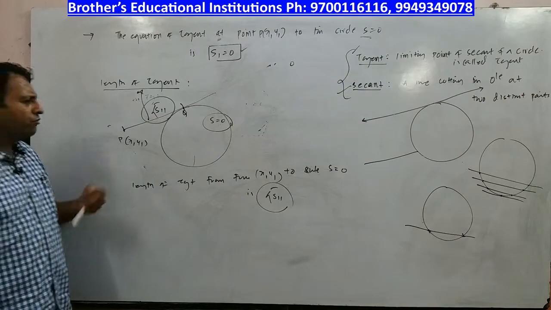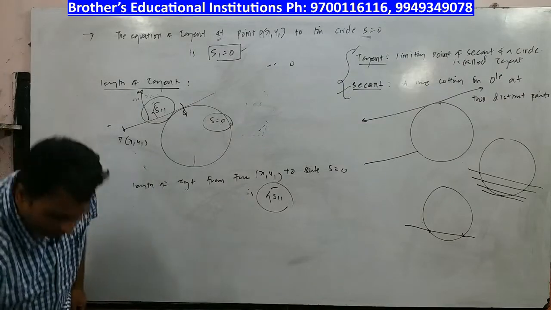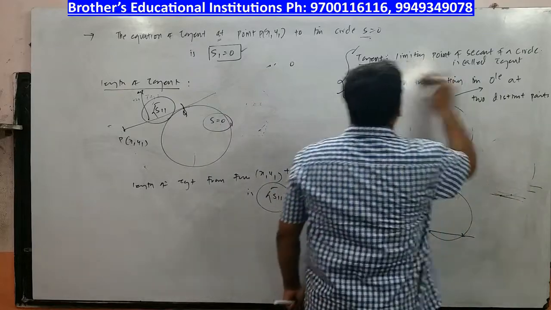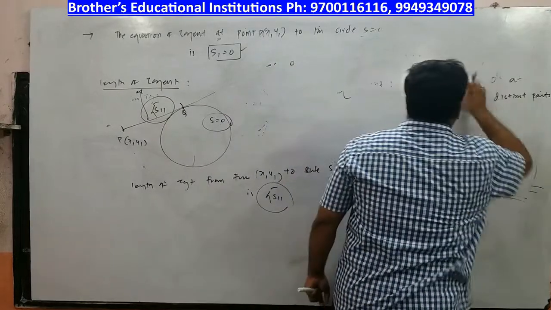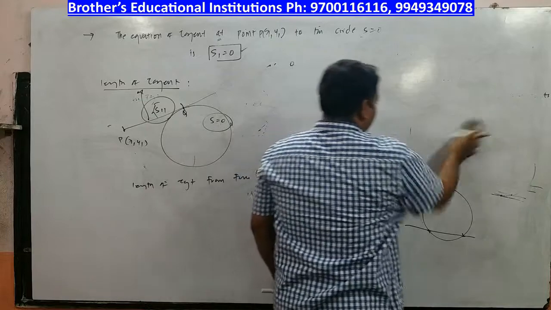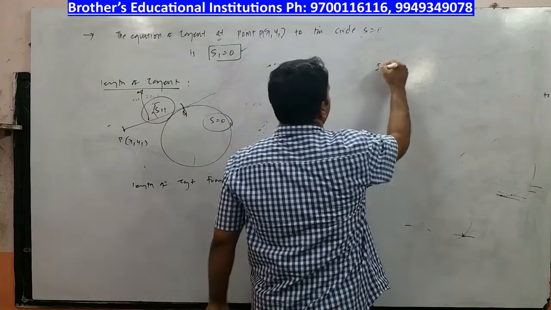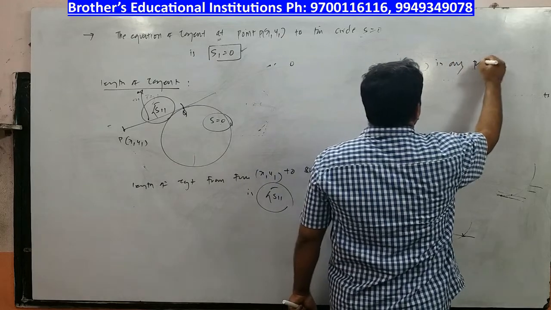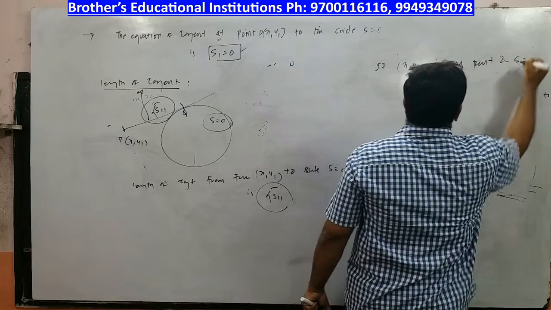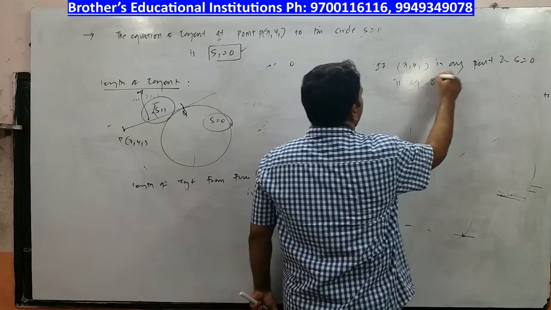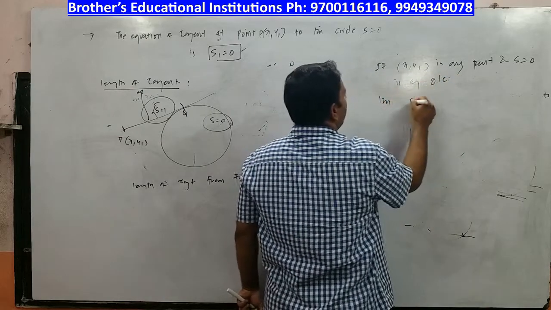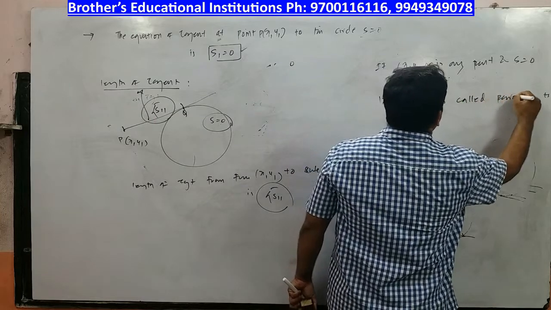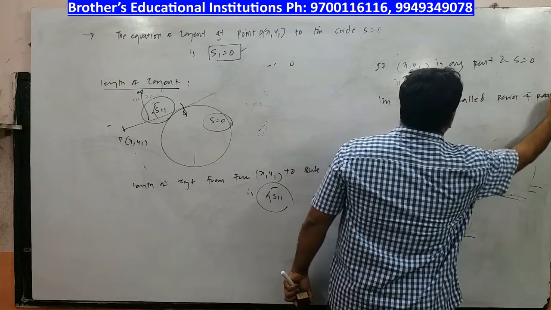Now if I move forward for the concept, after the length of tangent there is something called power of a point. If x1, y1 is any point and S = 0 is the equation of a circle, then S11 is called power of the point.